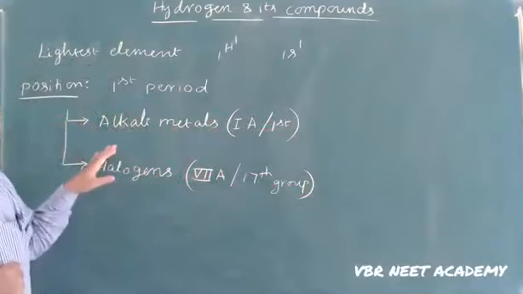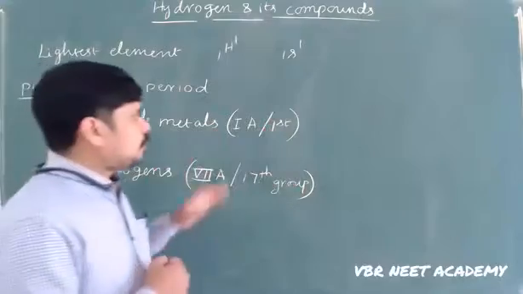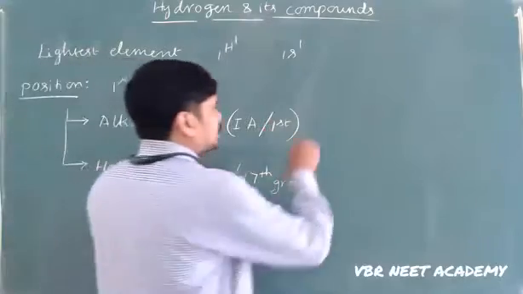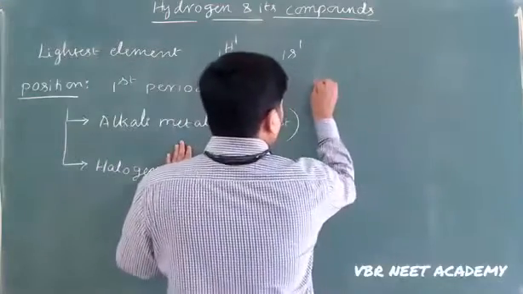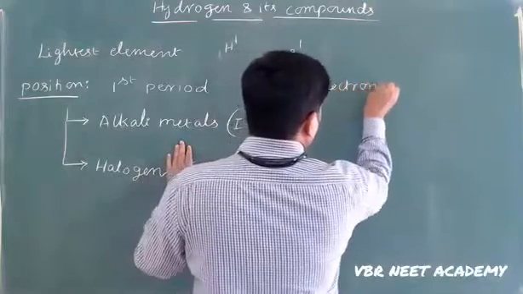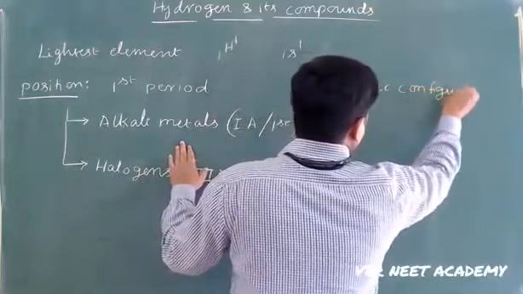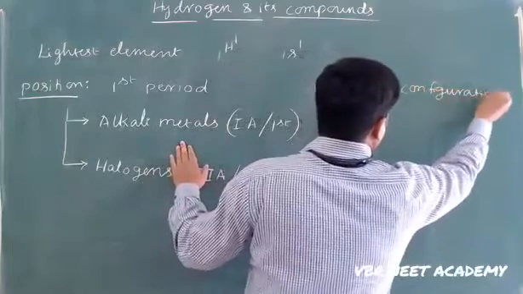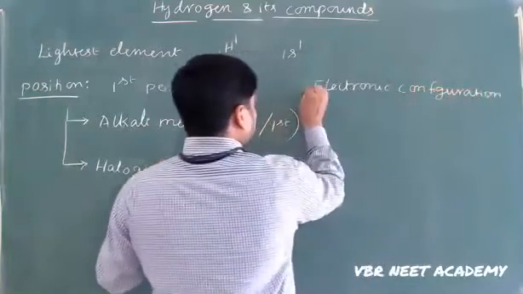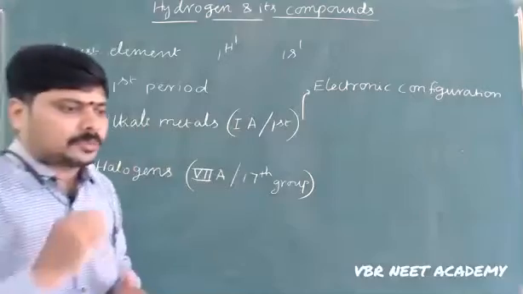Now when I look at the similarities, the first similarity with alkali metals is electronic configuration.